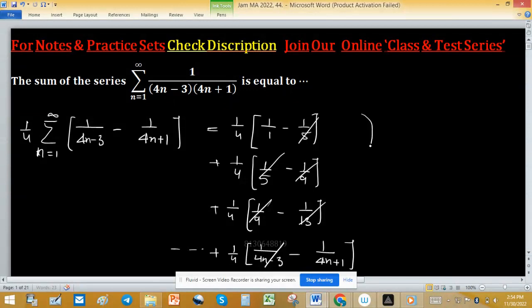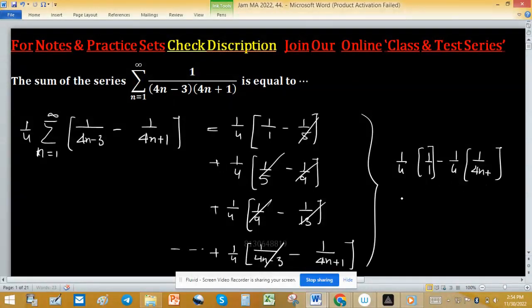The remaining terms from all this expansion: we have 1 upon 4 outside and 1 upon 1 minus 1 upon 4n plus 1.